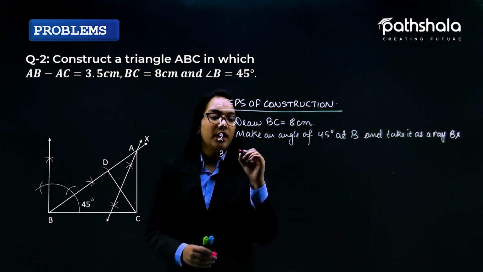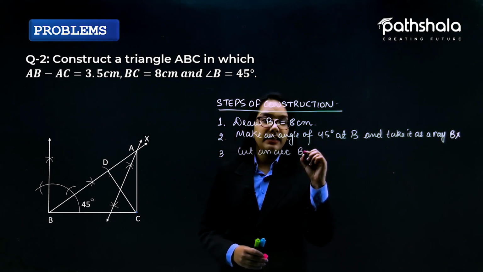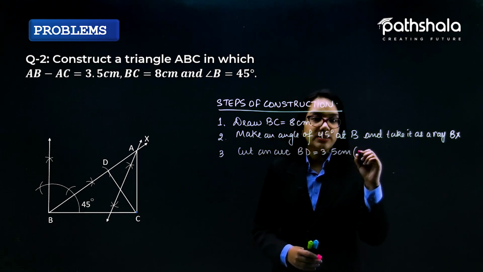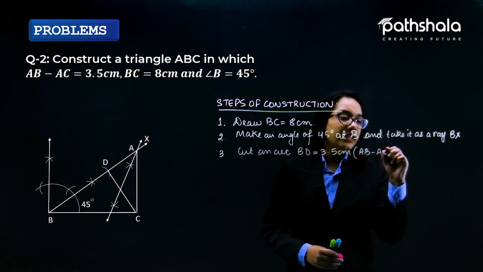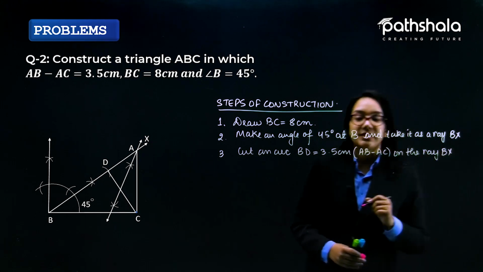Third, cut an arc BD equal to 3.5 centimeter, which is actually AB minus AC, on the ray BX.